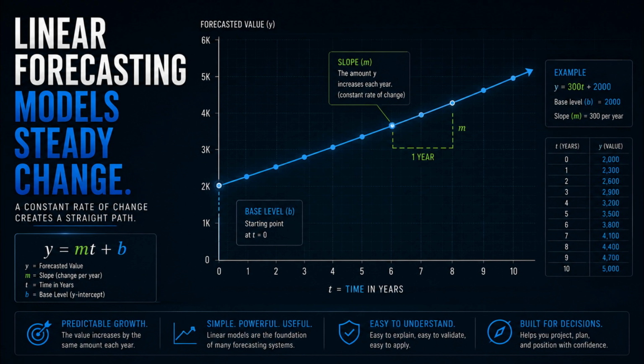At t equals 1, the cost is 450 because 400 plus 50 times 1 is 450. At t equals 2, the cost is 500, and so on and so forth. This kind of model is simple but powerful. It helps viewers understand that some financial variables follow a steady directional path, not flat, not explosive, just gradually changing through time.